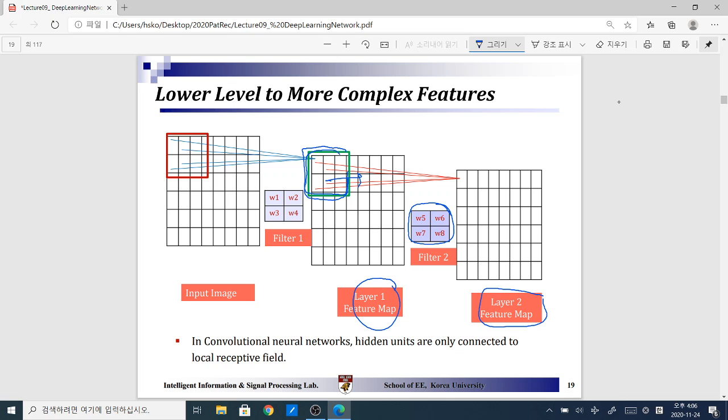So once again, each of the hidden units is connected to the local receptive field, meaning that this particular weight filter is all connected to the local receptive field, like so. And this thing just moves with a raster scan with a stride of either 1 or 2 or 3, depending on how you want to set your convolution process to work.